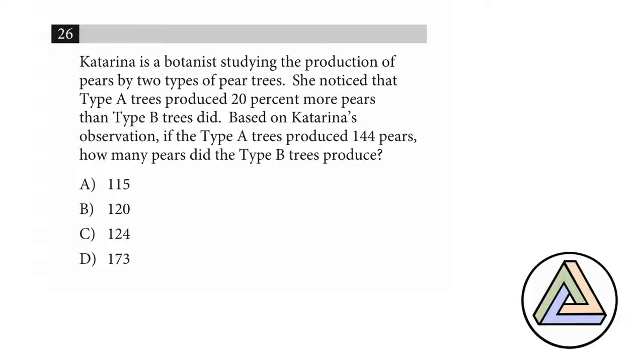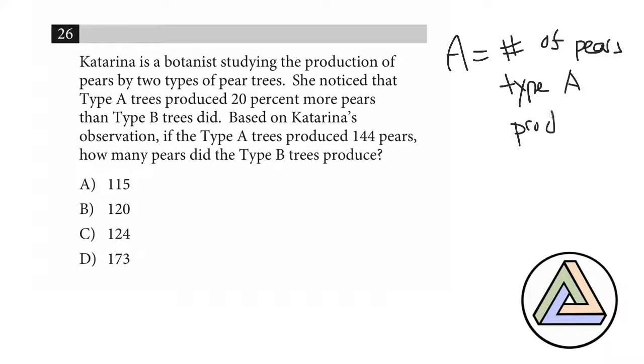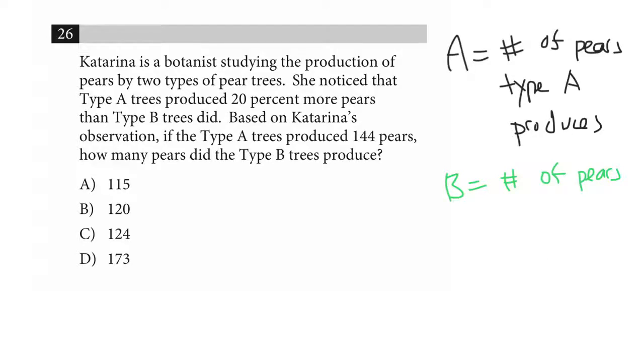So we will have A equal the number of pears that type A trees produce, and we will have B equal the number of pears type B produces.